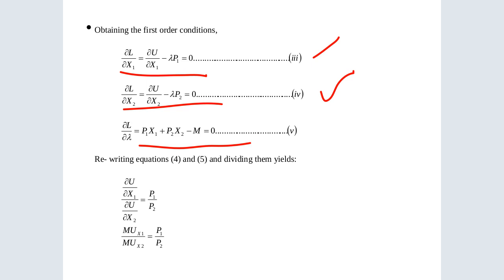The change in utility over the change in commodity 1, divided by the change in utility over the change in commodity 2, would equal the price of commodity 1 over the price of commodity 2. So in simple terms, that means that the marginal utility of commodity 1 over the marginal utility of commodity 2 should be equal to the ratio of the prices of the two commodities, which is P1 over P2.